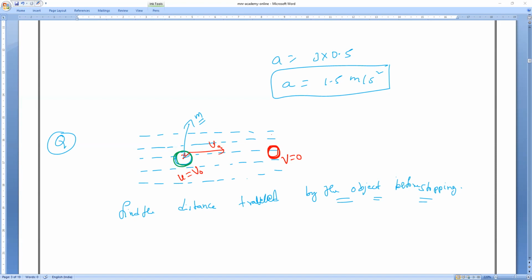Uniform? How? If it is uniform, of course it is a constant velocity, so that you can use equations of motion. But you can see the object moving inside the fluid, so definitely the velocity keeps varying. It is not uniform motion.